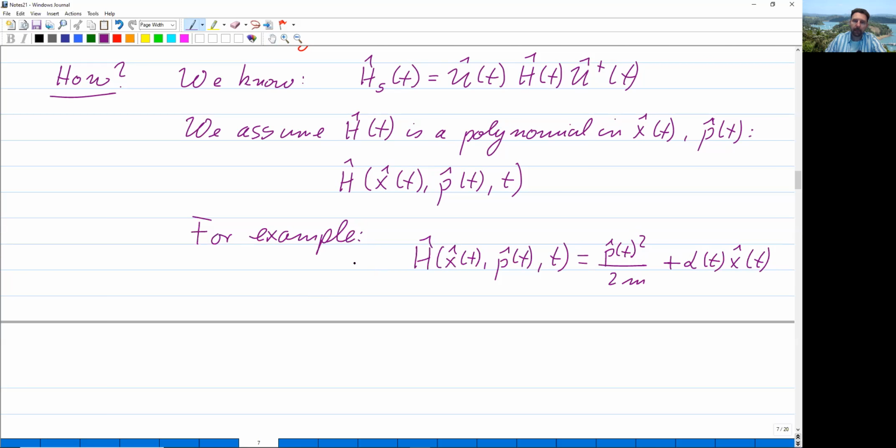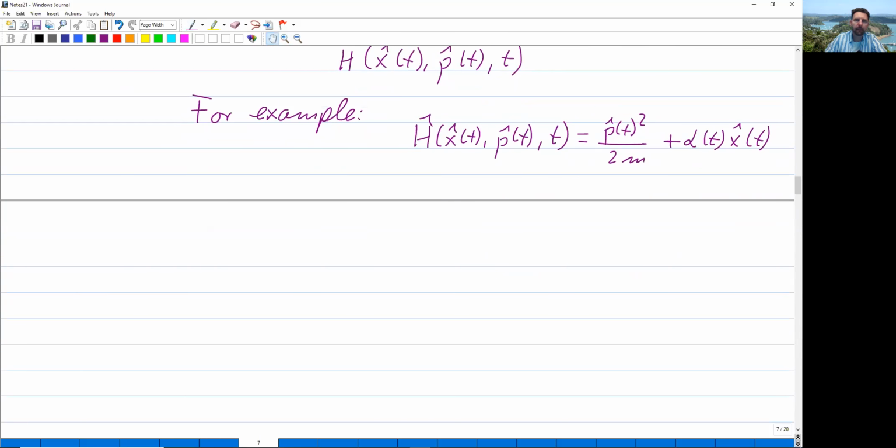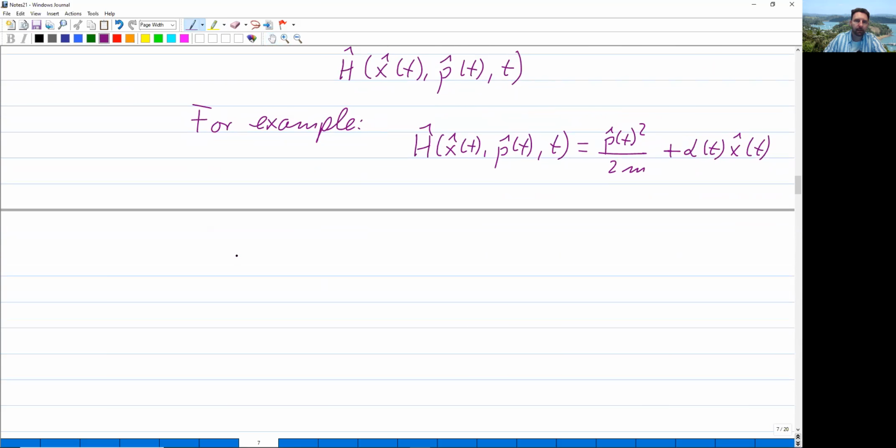So what then is the Schrödinger Hamiltonian? Let's see. Then what is H hat S of t?